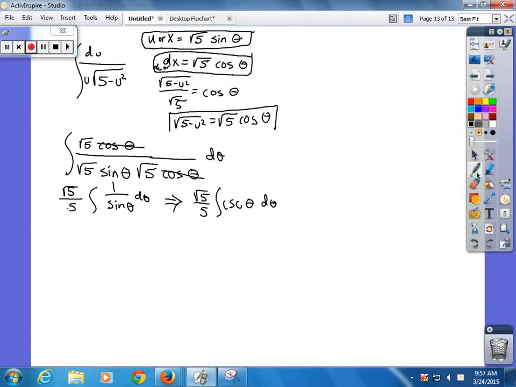All right, somebody help me out. That's square root of 5 over 5. What is it? The natural log of what? Cosecant minus the cotangent. Somebody help me out. Which one is it?